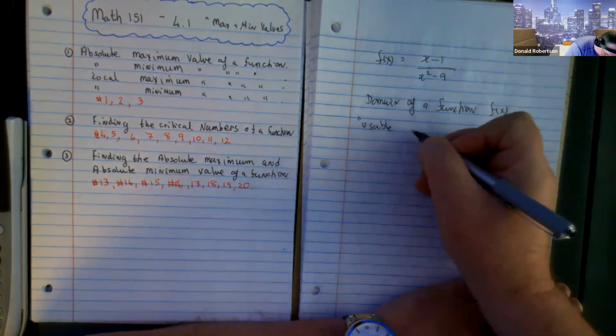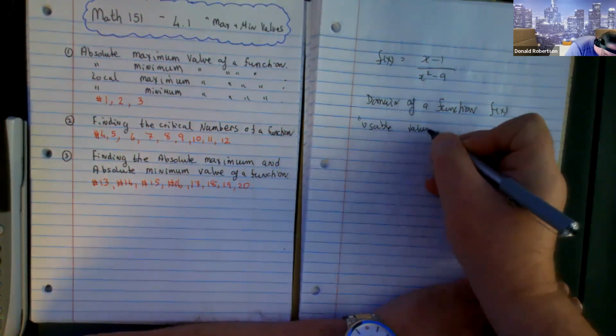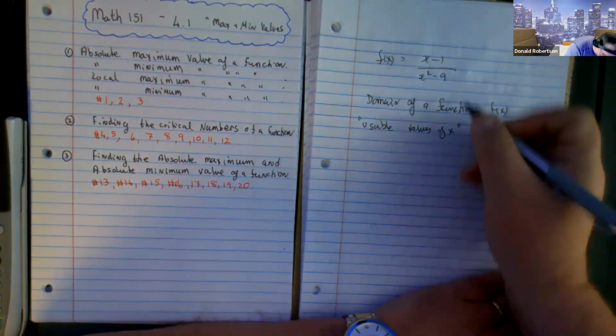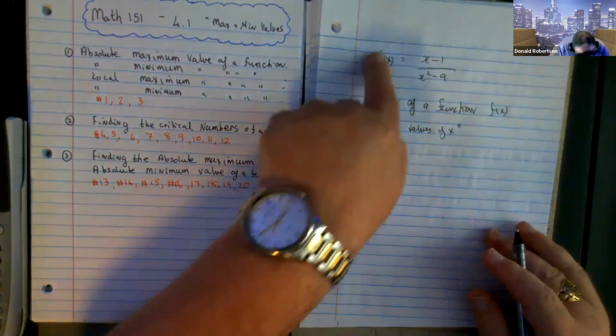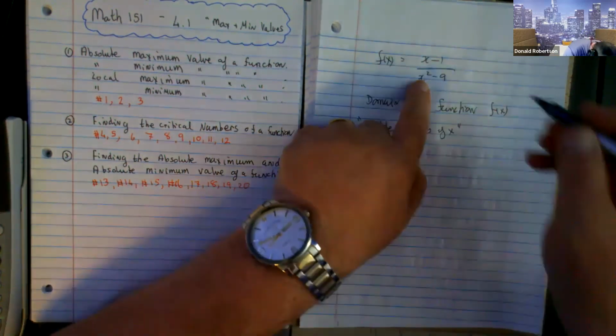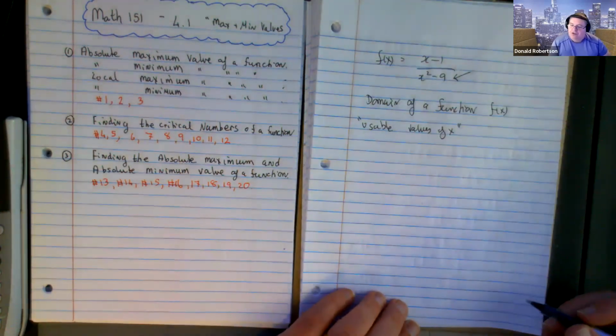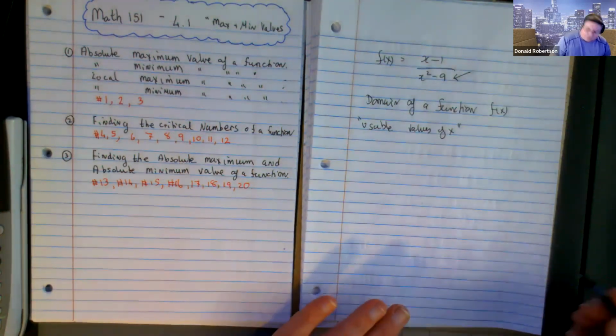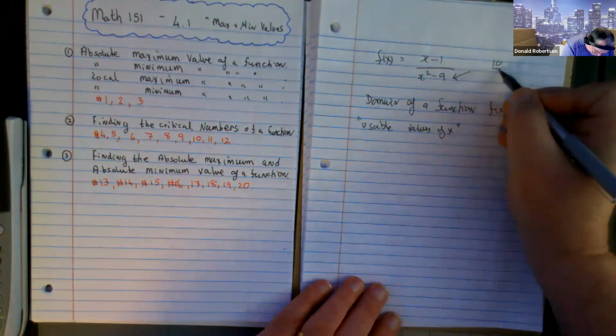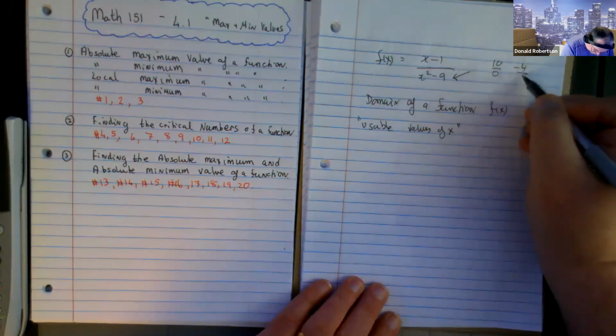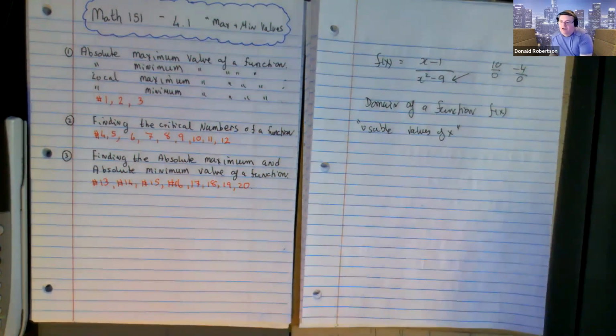In English, a domain is usable values of x. In this case, you can use any value of x you like, except values of x that make the bottom of a fraction 0. And the reason you can't use those is because 10 over 0 or minus 4 over 0 is bad news for calculation purposes, right?